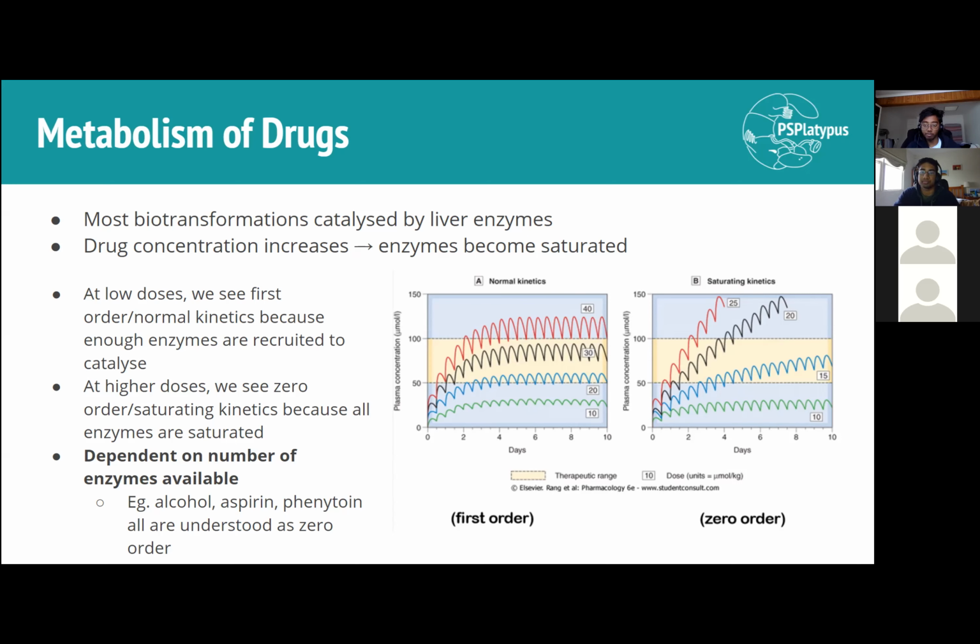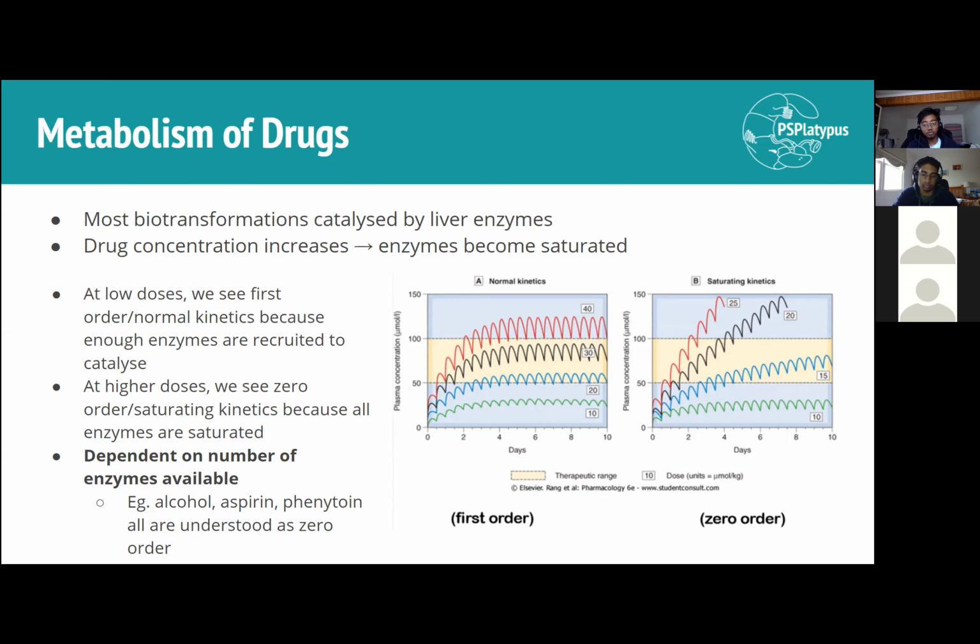And every time the line spikes up, that is indicative of a new dosage given. So on the left graph, we can see how it slowly, after every spike, it eventually plateaus to a certain point. But on the right-hand side, every spike just keeps the graph going higher and higher.